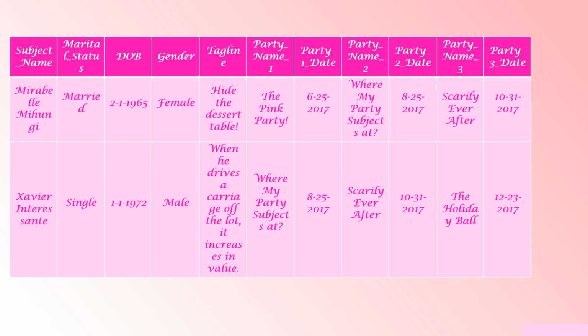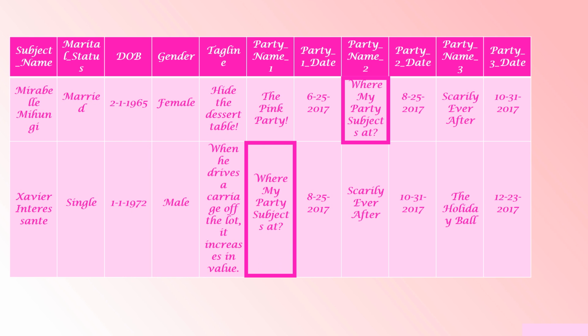Let's move on to Xavier. We can see the first few columns look good, where it tells his personal information, but let's look at his party name 1. It looks like he didn't attend the pink party, so his party name 1 is Where My Party Subjects At. This presents another problem. If you notice, Mirabelle's party name 2 is Where My Party Subjects At, and Xavier's is party name 1.